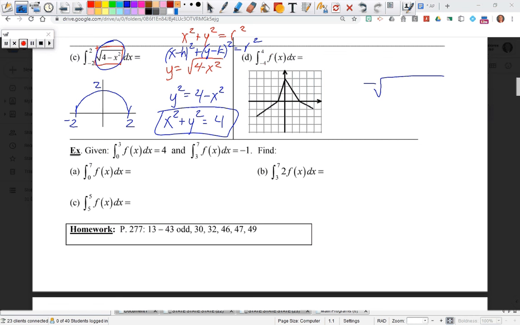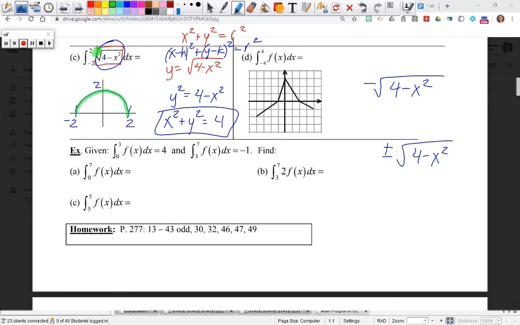This is the bottom half of the circle, because the complete circle in this form would look like this. The positive is the one that's above the x-axis. The negative is the one that's below the x-axis. I'm talking about the sign in front of the square root right here. That's why we're above the x-axis.